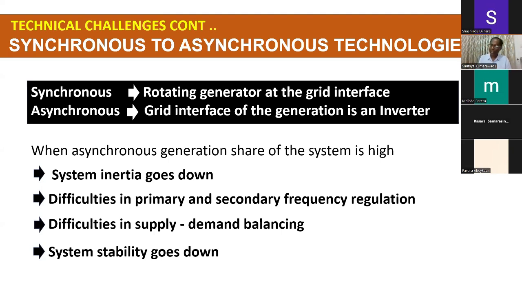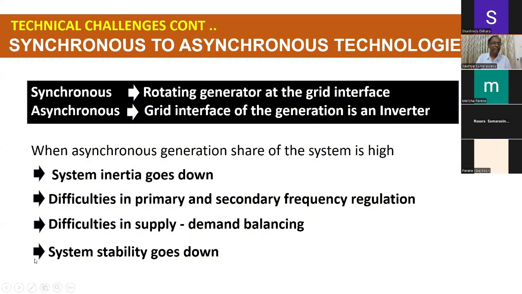In all the modern wind power plants, the generation is asynchronous. When this asynchronous generation share of the system is high, the system inertia goes down, because we need the rotating generators to supply system inertia.